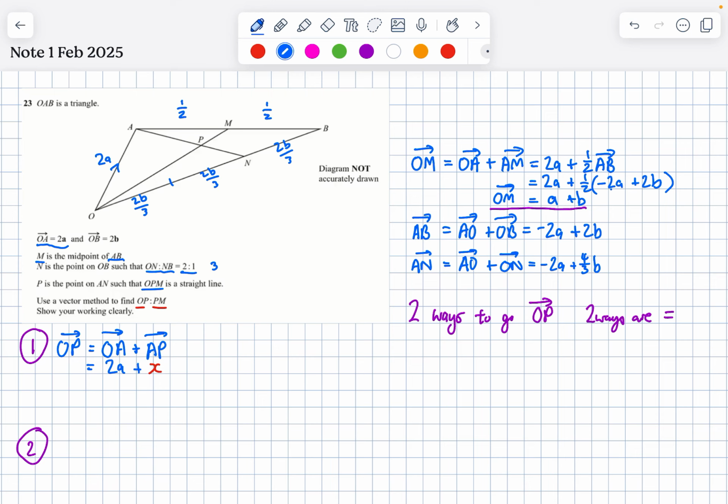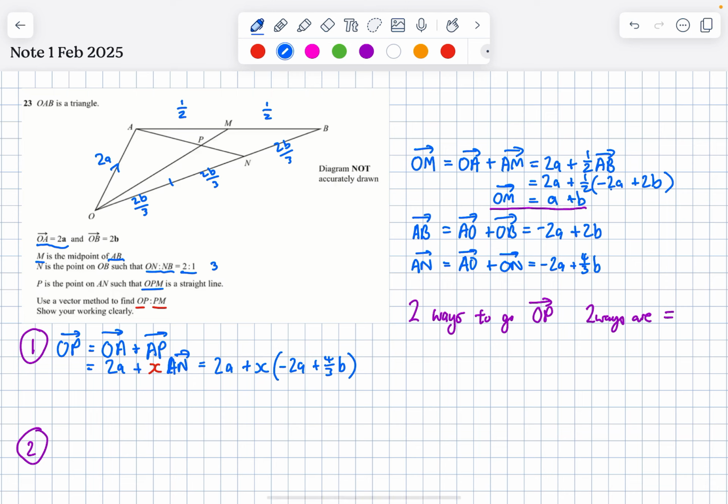So it's x times AN. So that's 2a plus x times AN, which is minus 2a plus 4/3 of b.